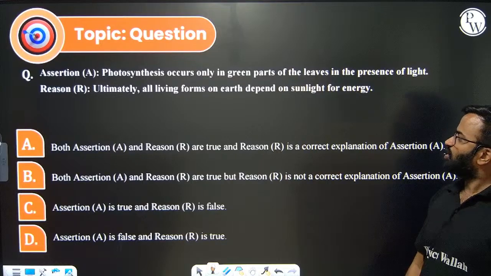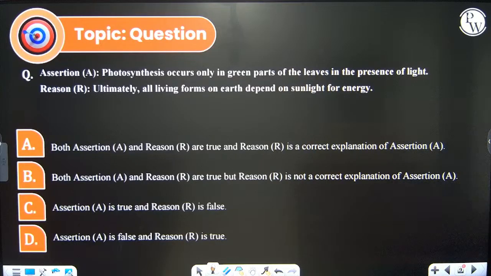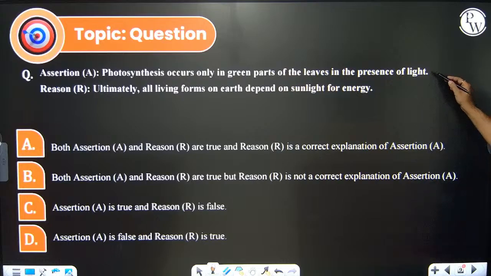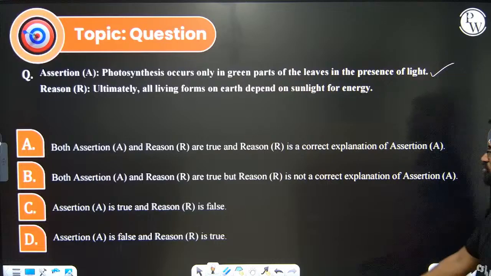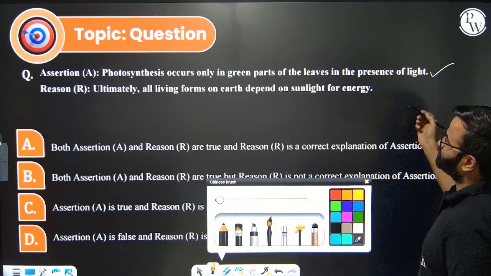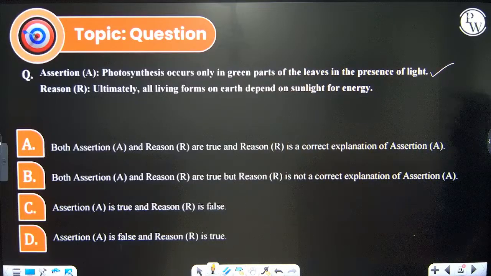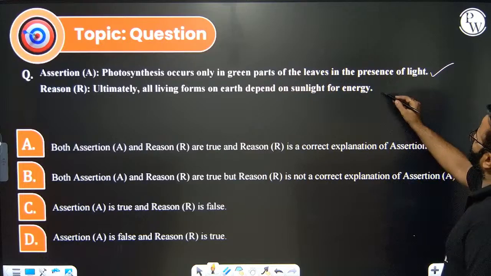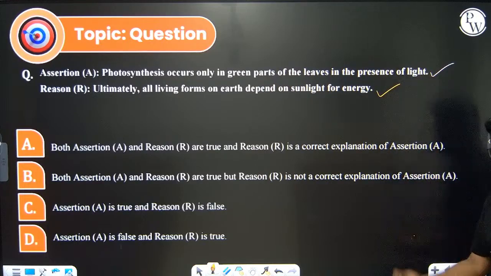Photosynthesis occurs only in green plants. Photosynthesis occurs only in green parts of the leaves in the presence of light. True as a statement? Ultimately, all living forms on the earth depend on sunlight for energy, which is 100% right.